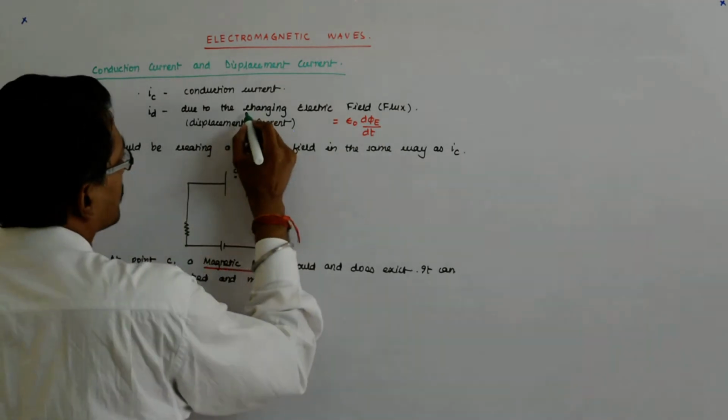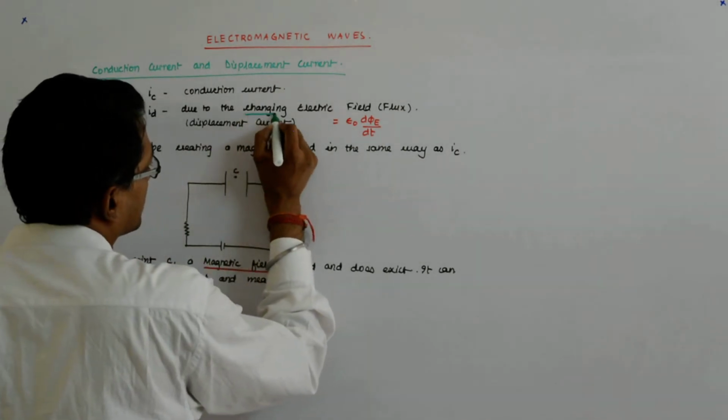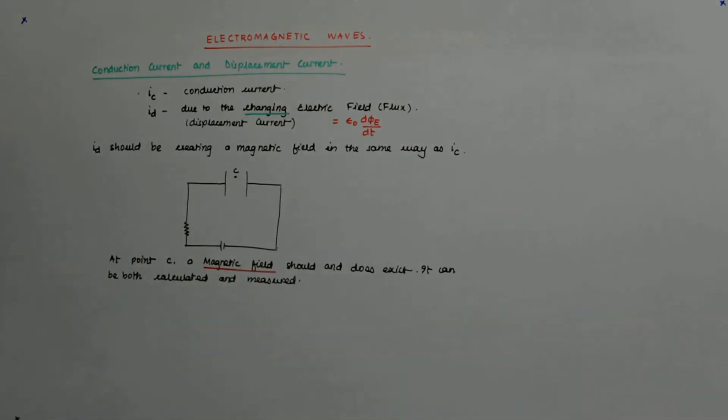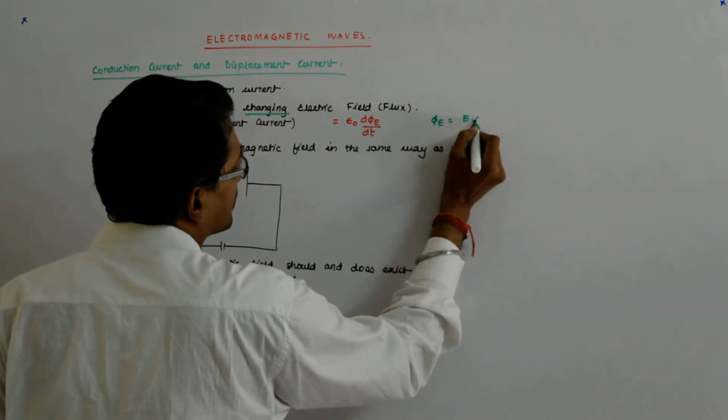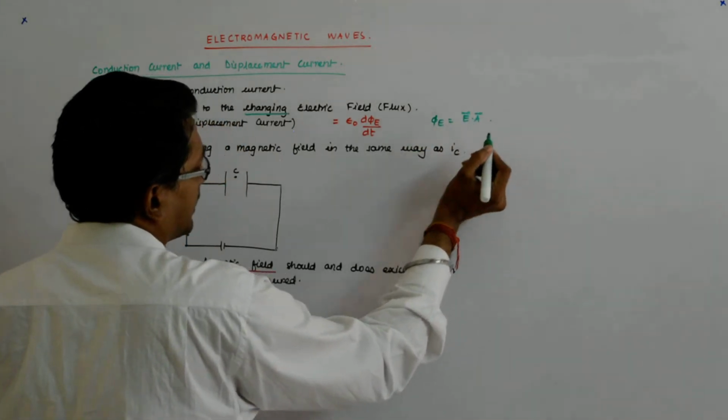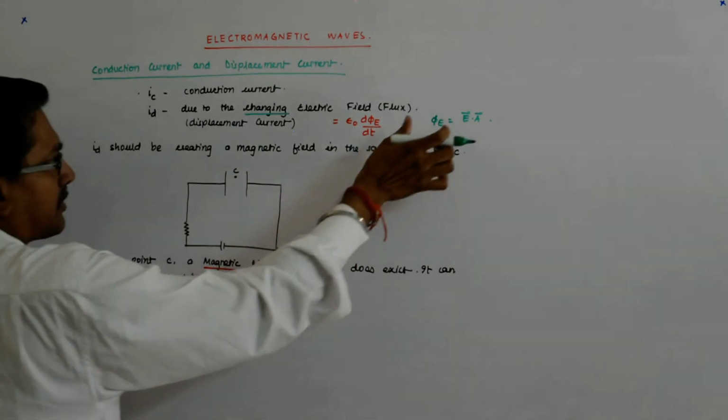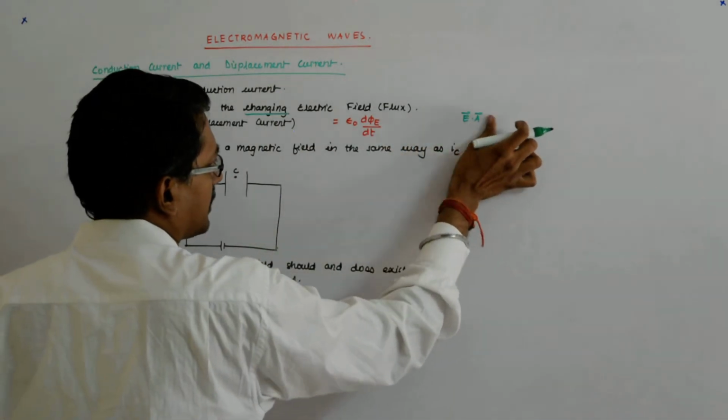So this comes from there. That's why it has to be changing, because phi e is nothing but E dot A, right?